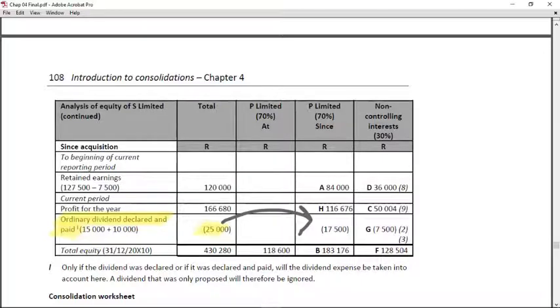And here you can now see the effect of those two debits to the NCI balance. It would reduce their balance. After you've done that, the closing balance over there would be your NCI balance in the consolidated statement of financial position.